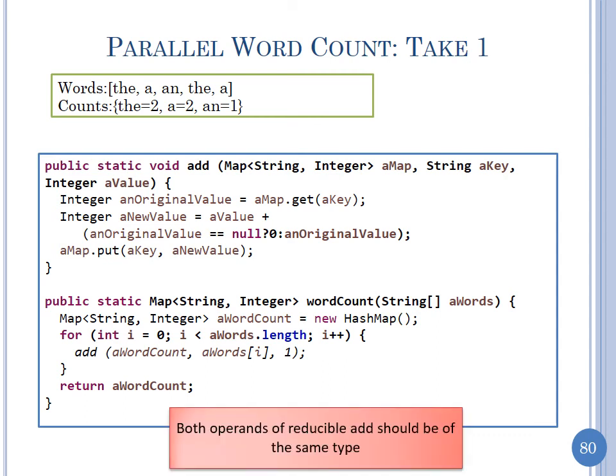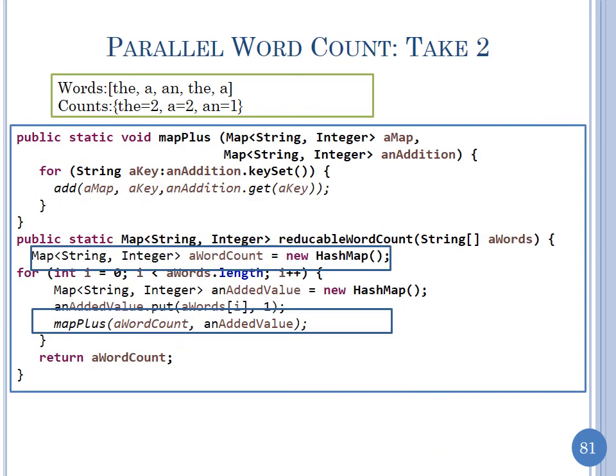So both operands of reducible add should be of the same type, if this is the kind of binary operation we were talking about. Okay. So this is not the case. You should have 2 arguments, and here we have 3 arguments, and we need to have the second argument be the same as the result argument. Okay.